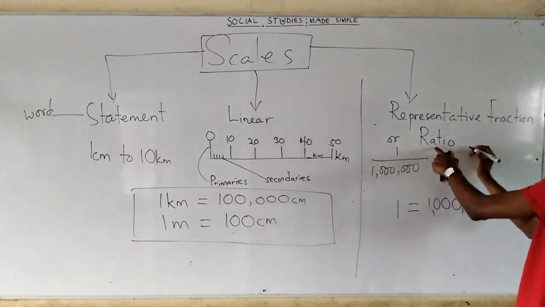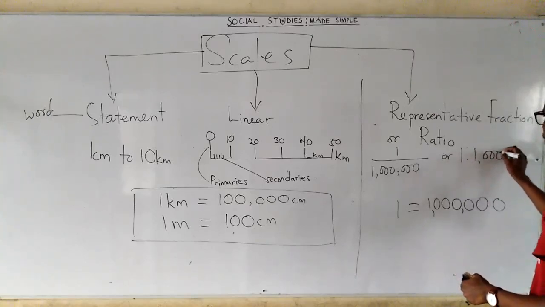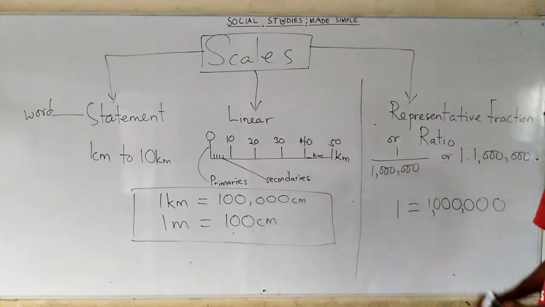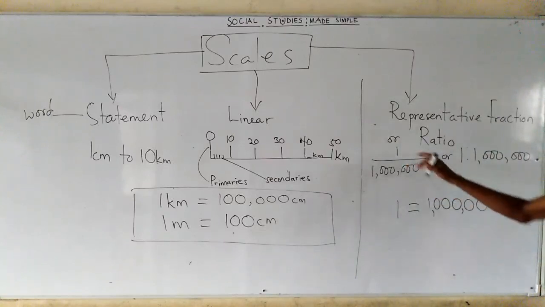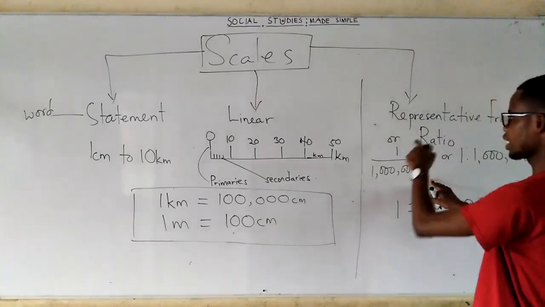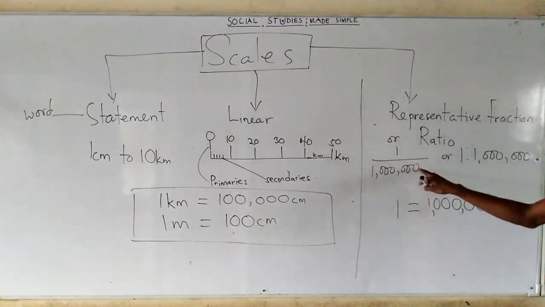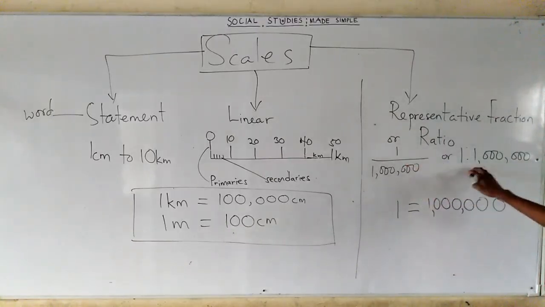Or then you write the ratio form 1:1 million. You don't bring the unit again because it is understood that in representative fraction scale, the unit of the numerator and the denominator are the same. So you maintain it like this. So this is what you get.